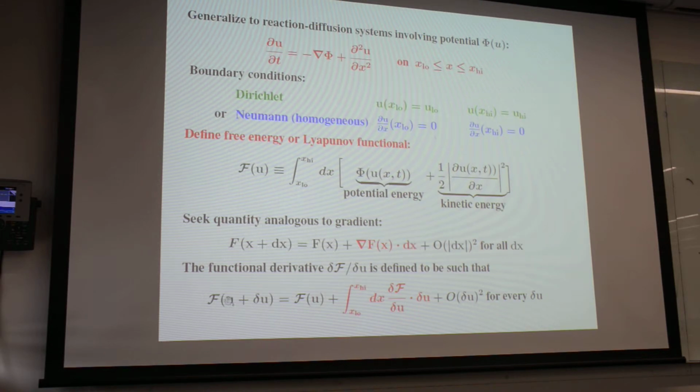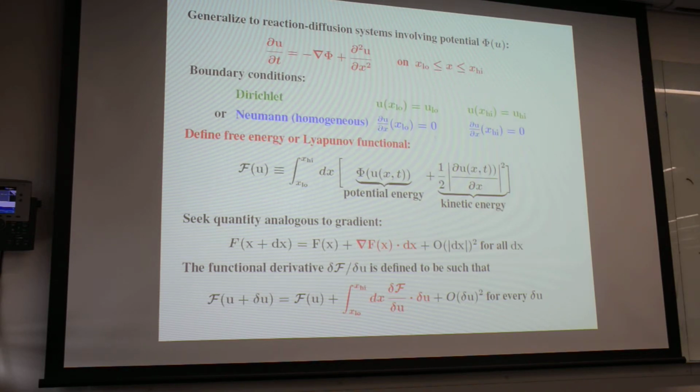So let me do the same thing for my functional, where I don't just have a vector x, but I have this fancy thing. I mean, it is a vector, but it's a complicated vector. We're viewing it as a bunch of functions of space. So I'm going to add a little bit of u, and again, to be fancy, I won't call it du, I'll call it a delta u with that little delta, and that means a change in a function.